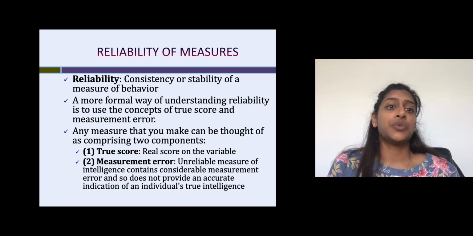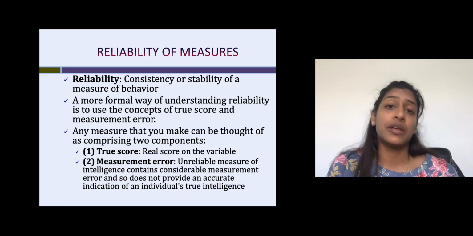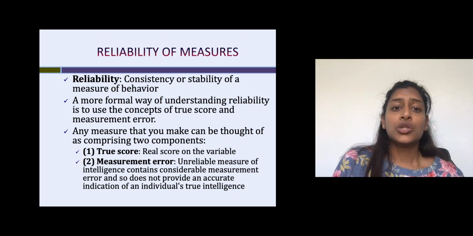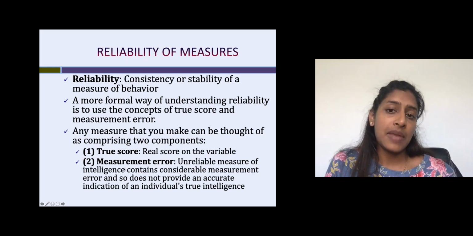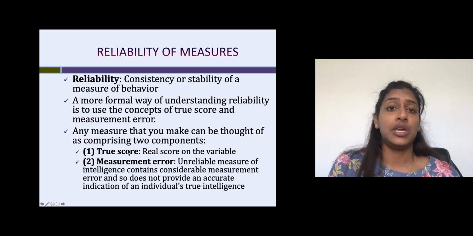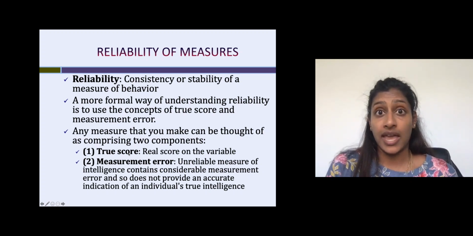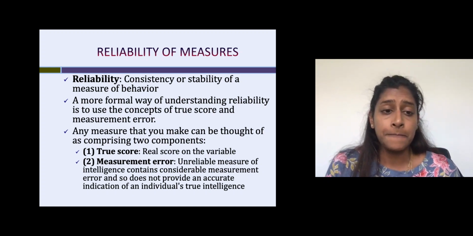So thinking about reliability, we really need to have consistency and stability of a measure. Okay, so we talked about these two components: we have our true score and our measurement error. As I mentioned on our previous page, our true score is the real score that we've gotten, so on an IQ test, the actual score that we earned.